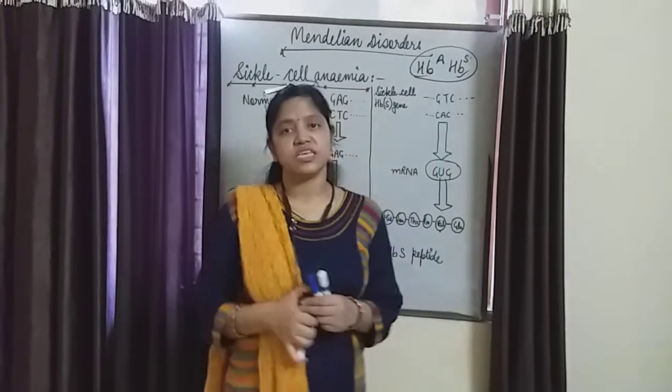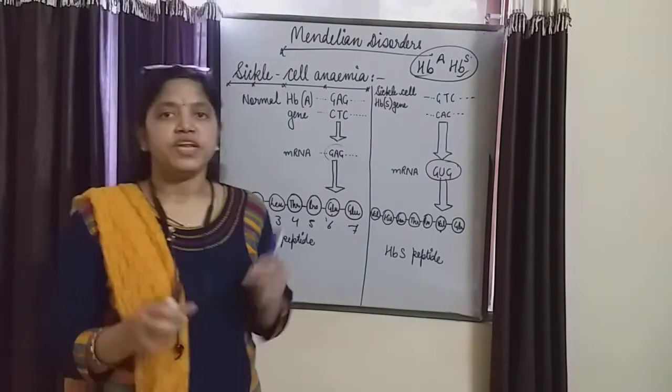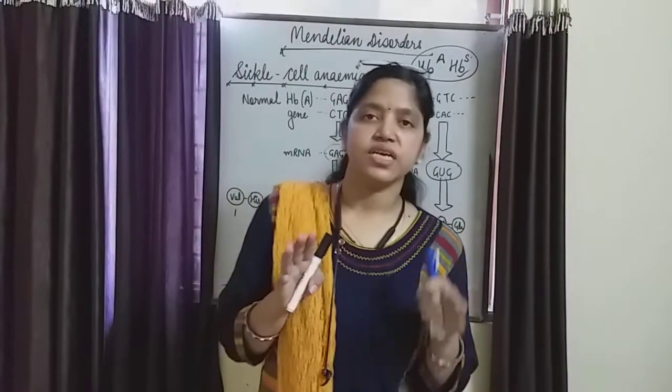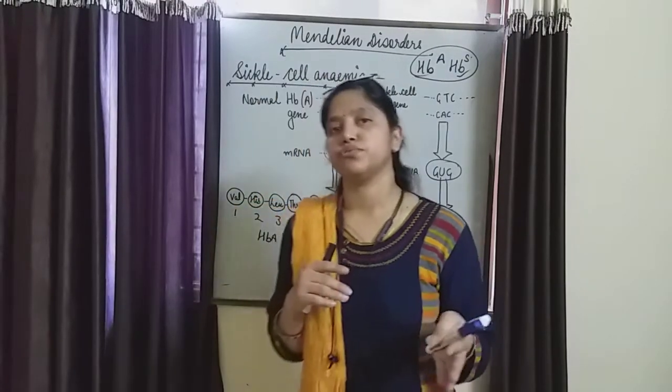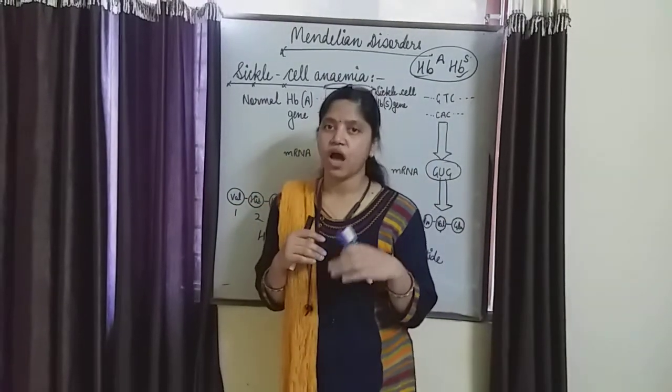One of the diseases is phenylketonuria. Phenylketonuria is also a genetic disease transferred from parents to the next generation. How?